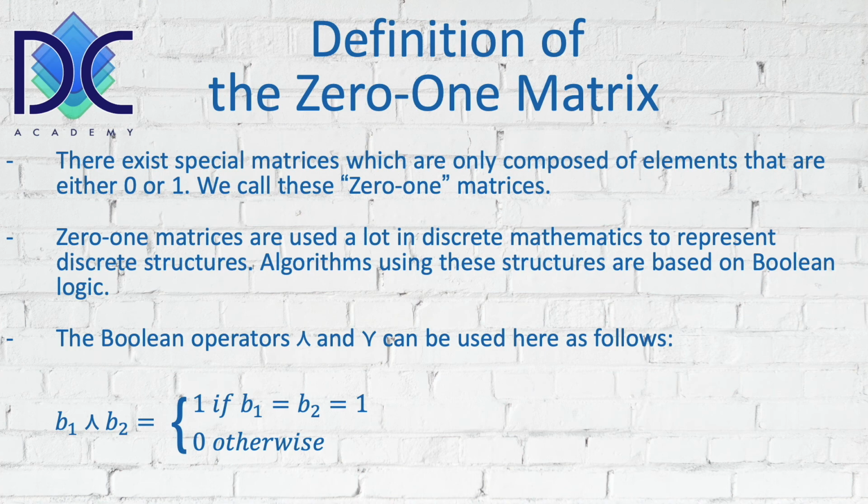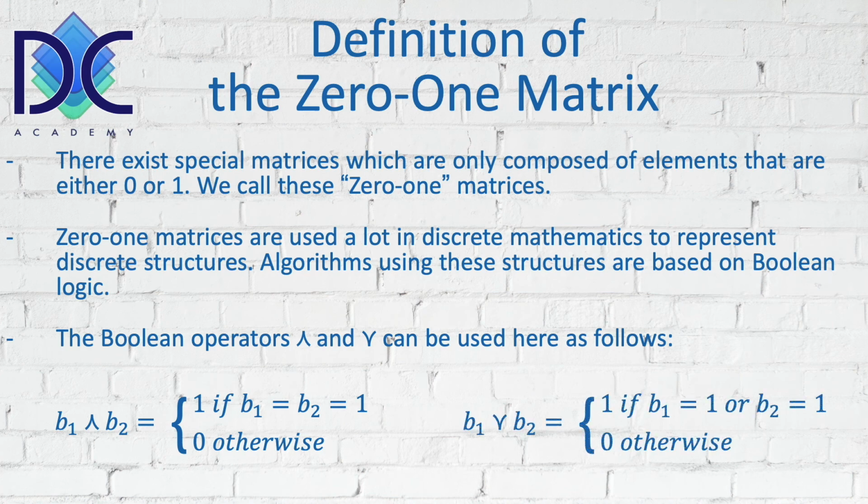If one of them is not equal to 1 or both are 0, then the output is 0. On the other hand, we have the OR operator. It is equal to 1 if one of those two is equal to 1 or both of them, and 0 otherwise. We've seen this before when we were defining those operators earlier in the course.